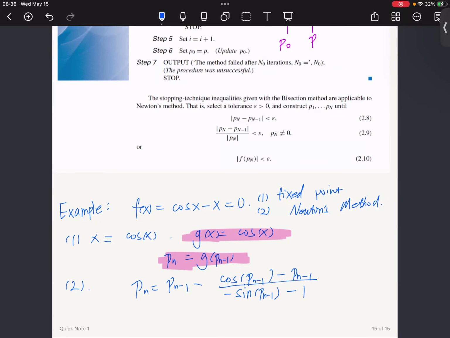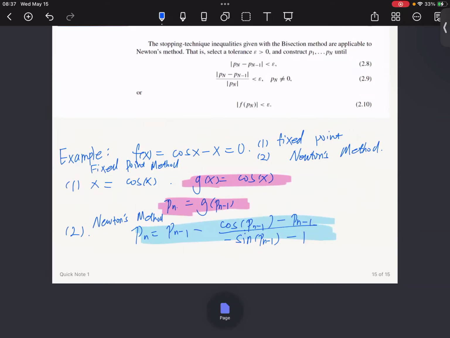This is the iteration for how we generate the sequence of numbers in the Newton's method. And this is the fixed point method, which is actually finding the intersection point of the x and cosine x functions. And now we are going to give you the result here.